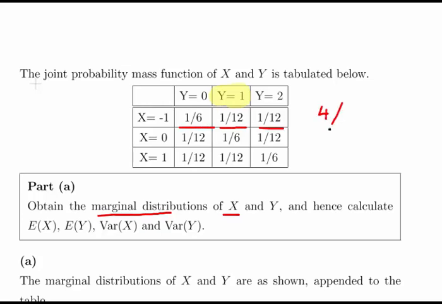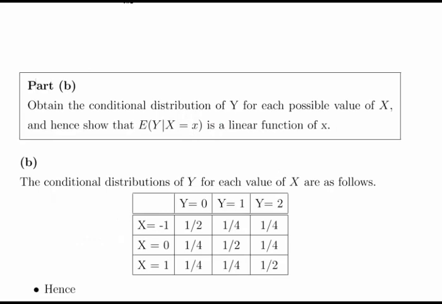That's 4/12. Okay. So the conditional distribution is that if x is equal to -1, what is the probability that y is equal to 0, y is equal to 1, y is equal to 2.